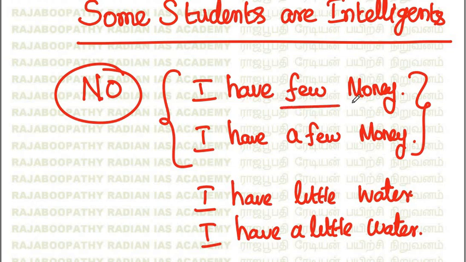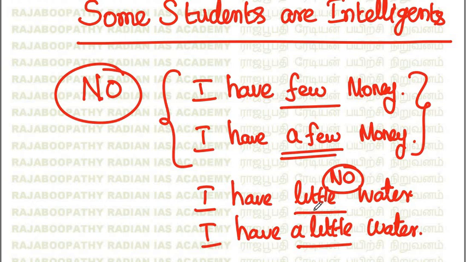I have few means this is a negation. I have few money means nothing, not even a single paise. I have a few money means I have something, maybe 1 rupee or 2 rupees or 10 paise. Similarly, I have little water means no water. I have a little water means konjam thanni irukku, some water is there.